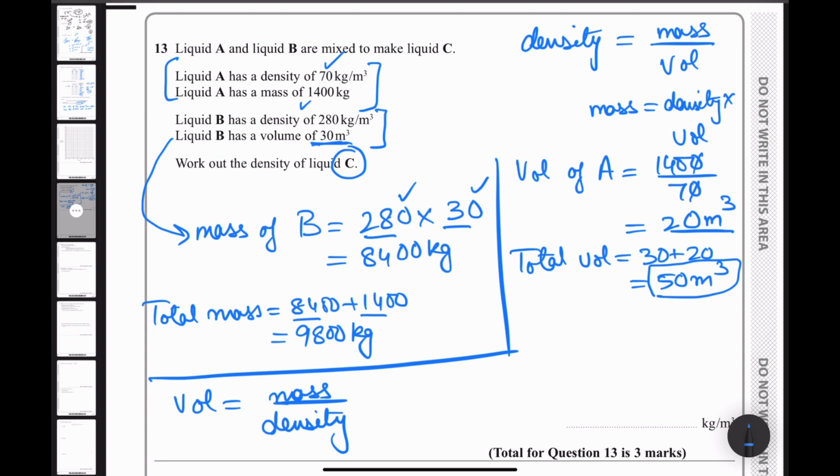Now in order to find out the density, we will divide the mass by the volume. So density is equal to mass over volume. Mass is 9800, volume is 50. This 0 and 0 will get cancelled, and 980 divided by 5.